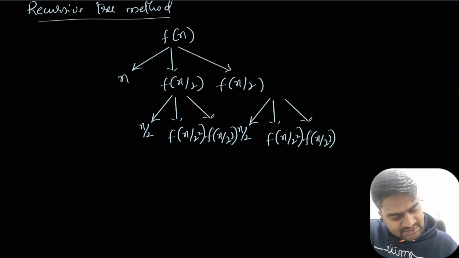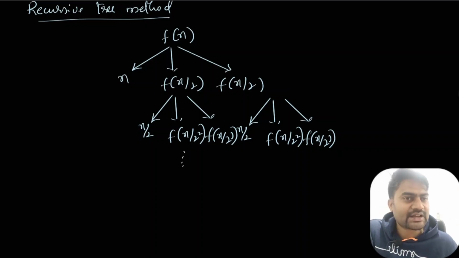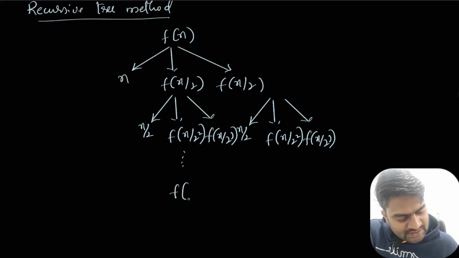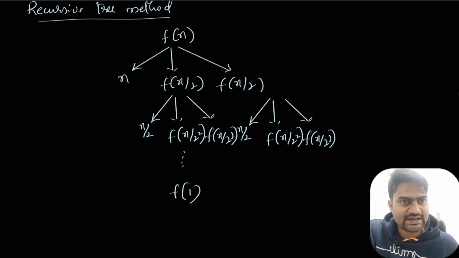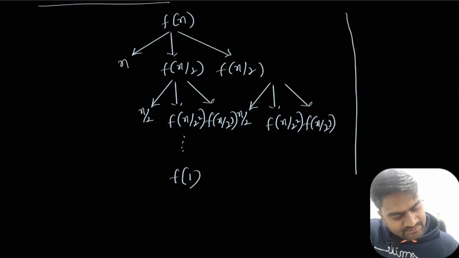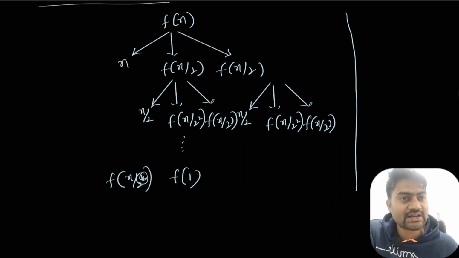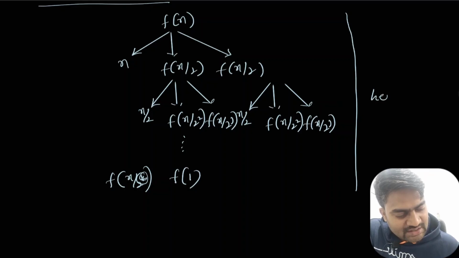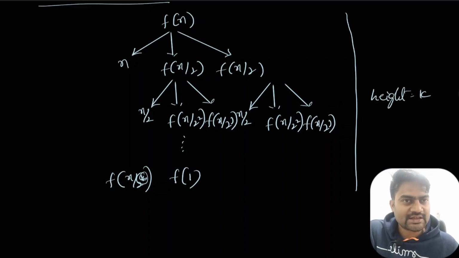Now it continues in the same way, till when? Till it becomes f of 1, correct, right? So if you see here, this is the height of the tree. It means it runs till it becomes f of n by 2 to the power k. It means there are k steps, or the height will be k for this one.